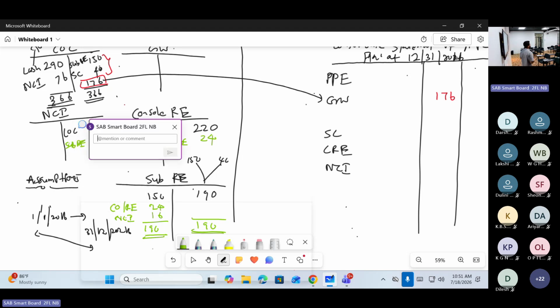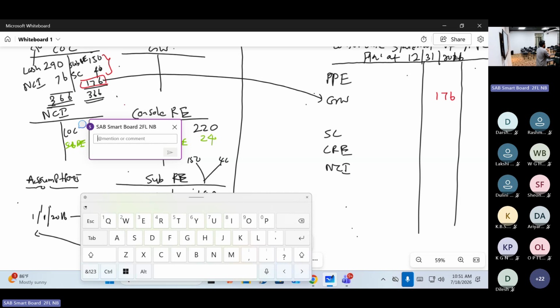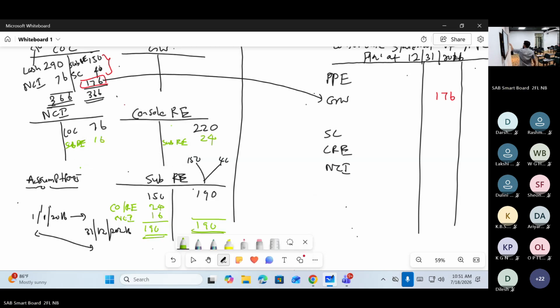What is the logic in this? After having the NCI at the first date, after one year, NCI increased by 16. Why? Because of the profit during the period. Right? The 24 relates to the company. Consolidated retained earnings means parent plus subsidiary.